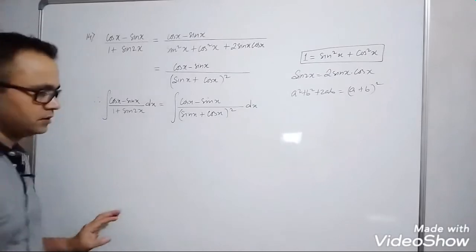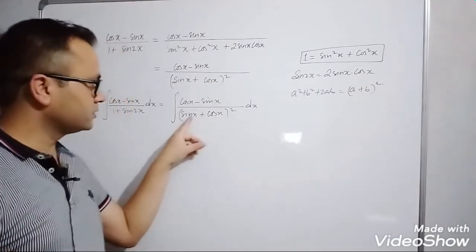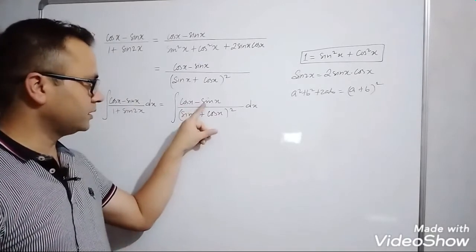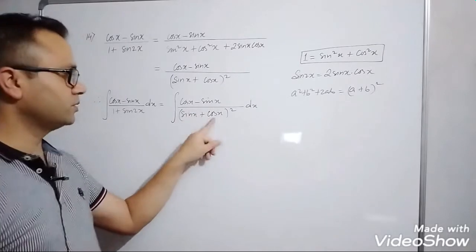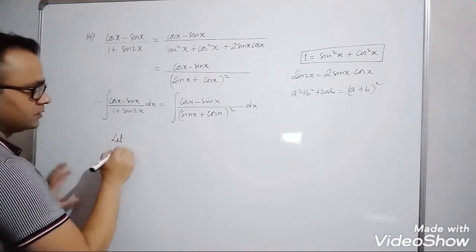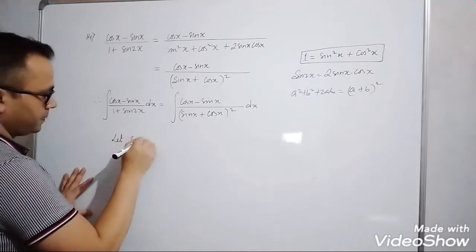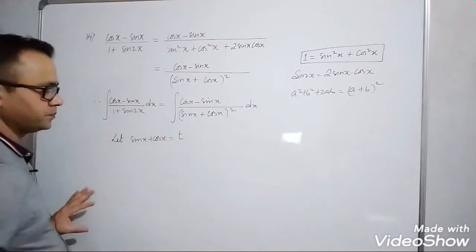Now sin x plus cos x is the substitution, because the differentiation of sin x plus cos x is cos x minus sin x. So we take sin x plus cos x as the substitution. Let sin x plus cos x equal t.